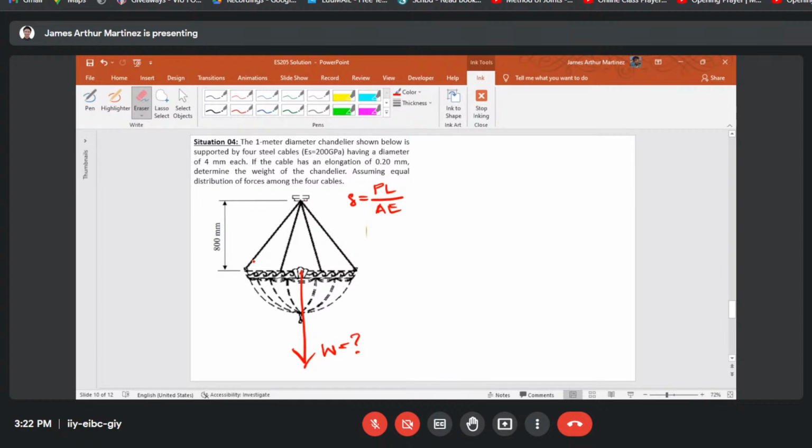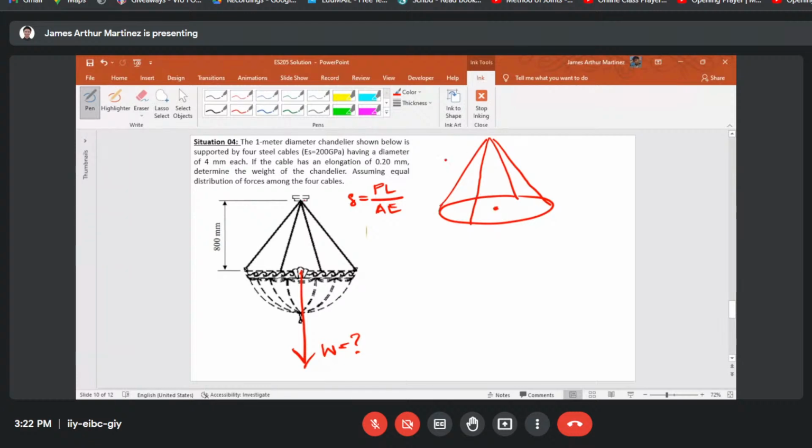Notice that if we illustrate it in 3D, the centroid of your circle is acting at this point.